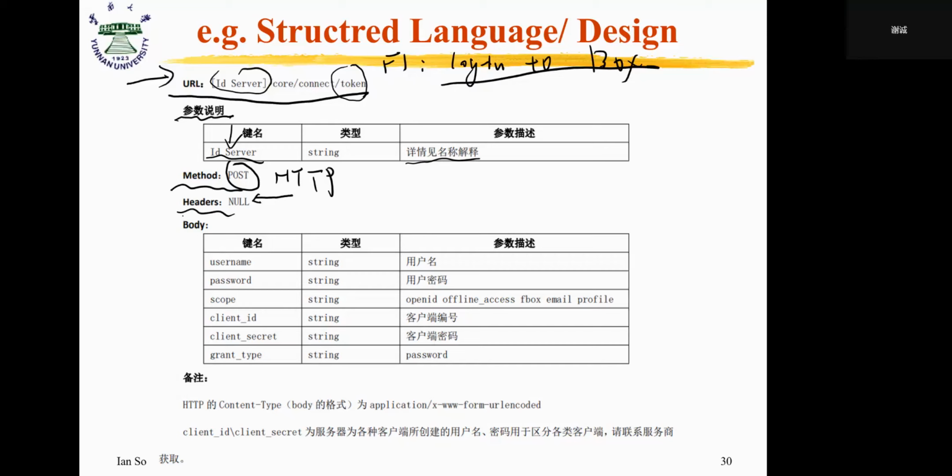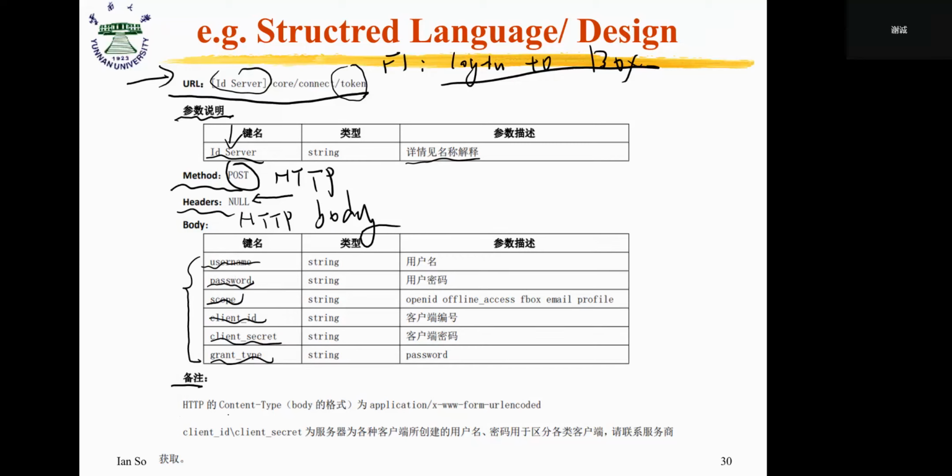And the HTTP body here, you should submit what kind of verification information. You see, username, password, scope, client ID, client secret, grant type, many parameters you should send here. This is verification information.